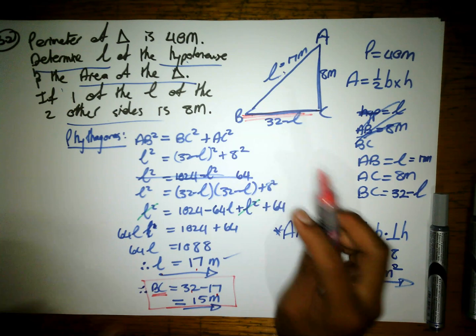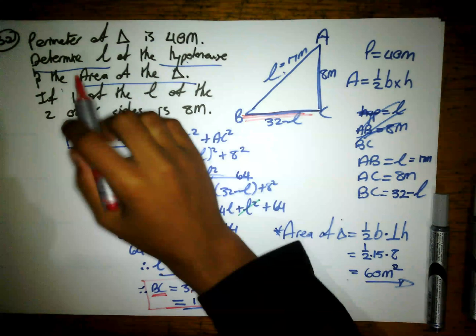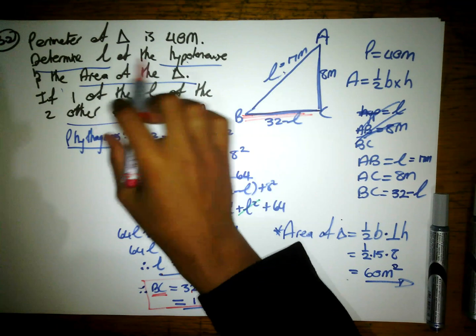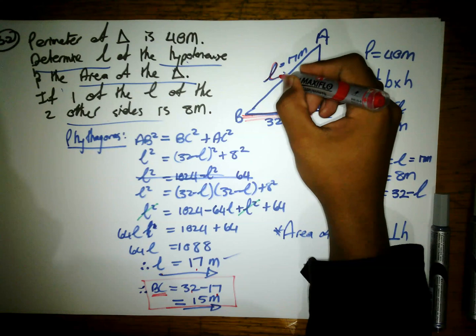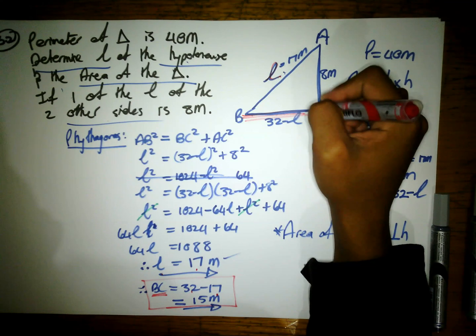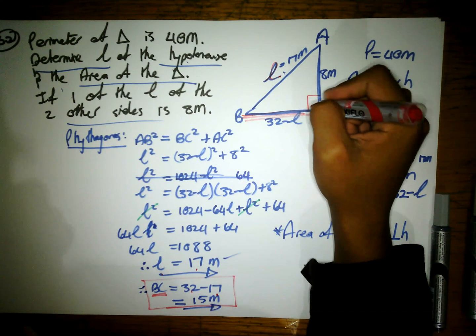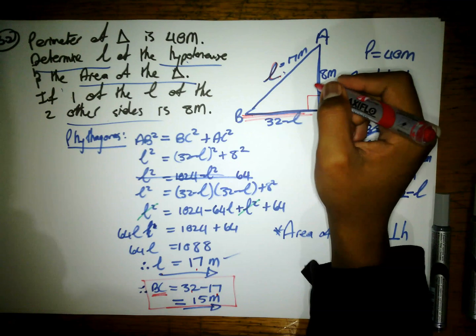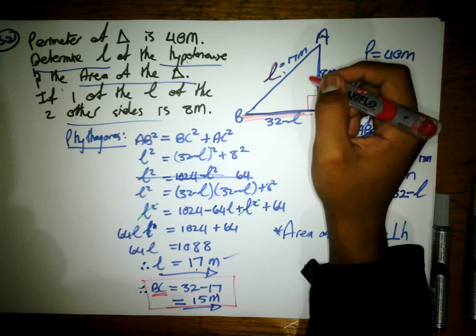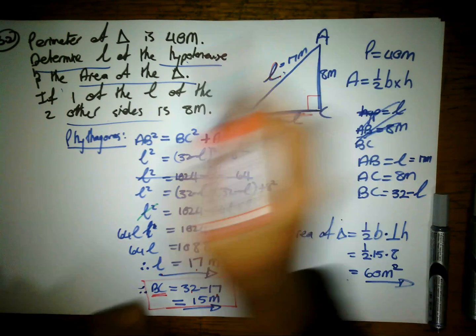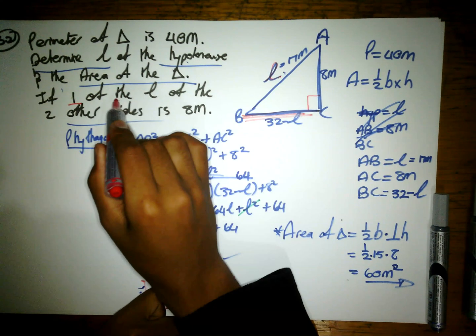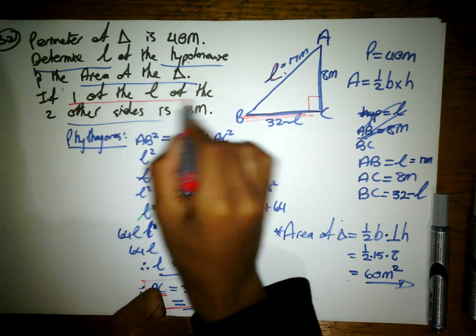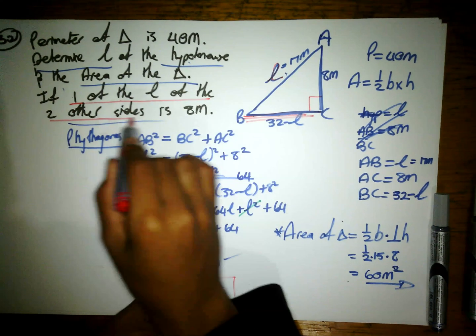So the question is saying, determine the length of the hypotenuse. We know that this is our hypotenuse because it's opposite the 90, the 90 that's here. They also say that one of the lengths of the two other sides is 8 meters.